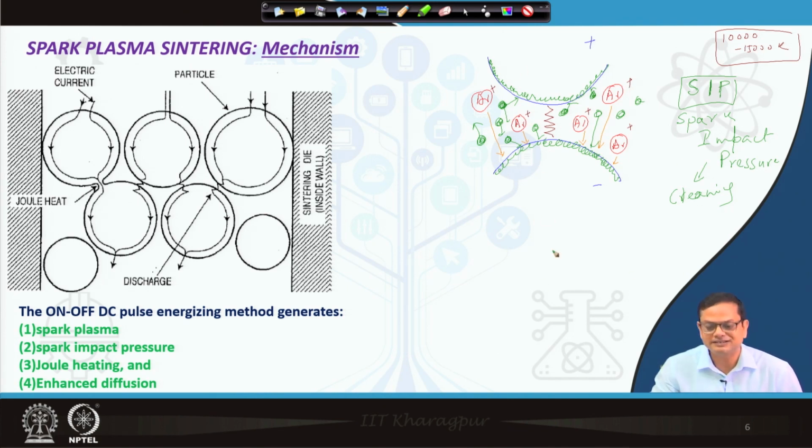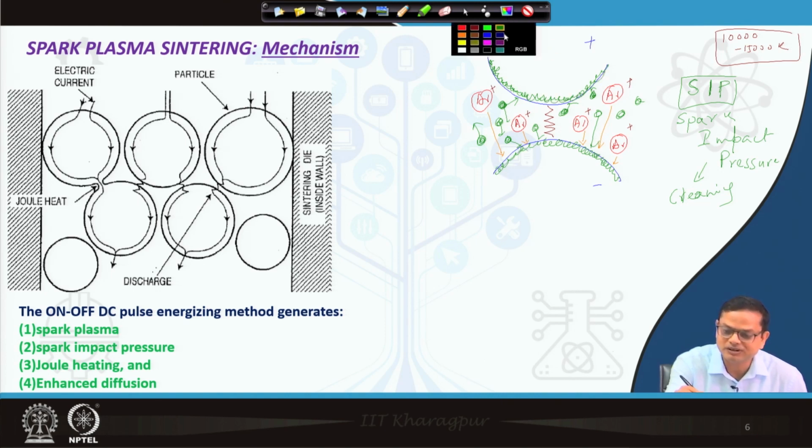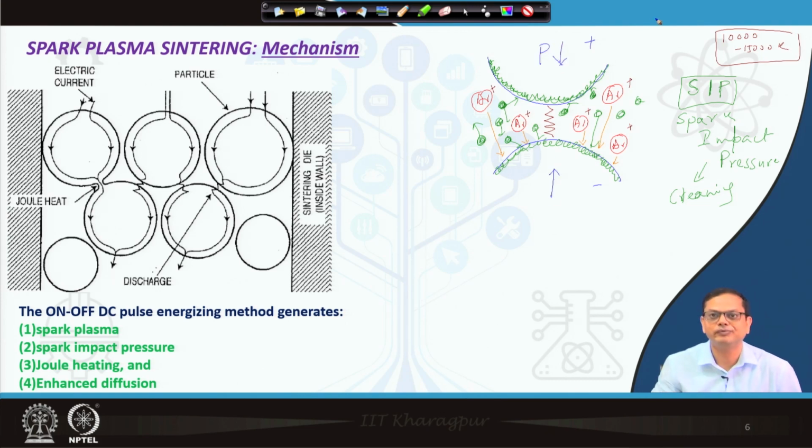Okay. And at the same time, as I mentioned earlier, this layer is also molten a little bit, and there is application of a high amount of pressure at the same time. Okay. So, now you have a nicely cleaned surface and a very thin molten layer, and pressure is being applied.